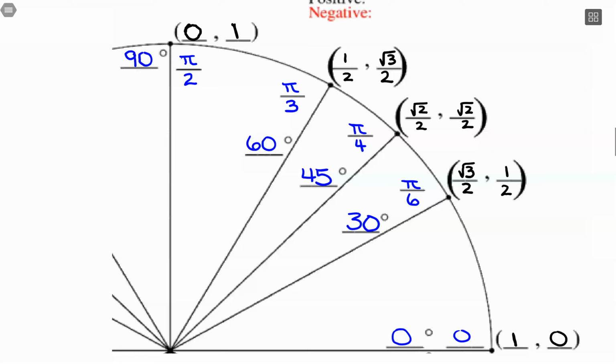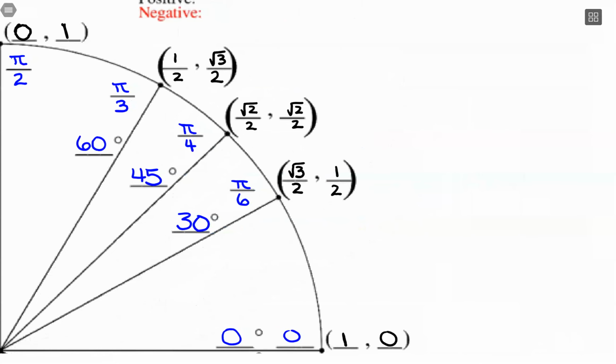All right, so what we looked at in that last video, let's go ahead and look at our 30 degrees. What we found is sine of 30 degrees was 1/2.